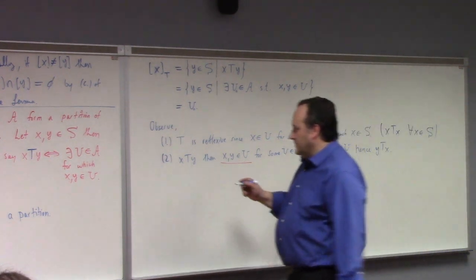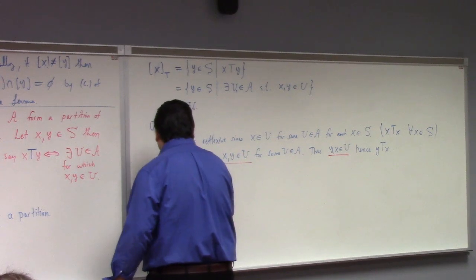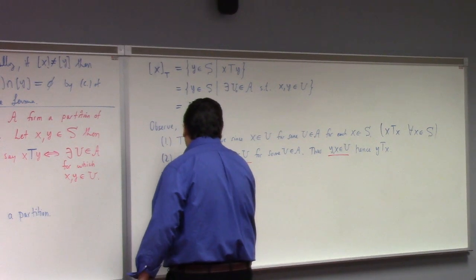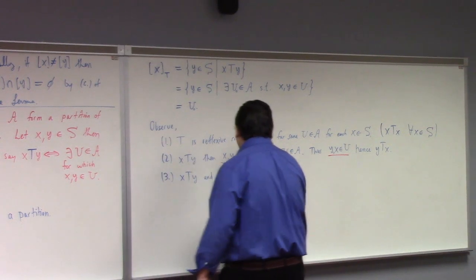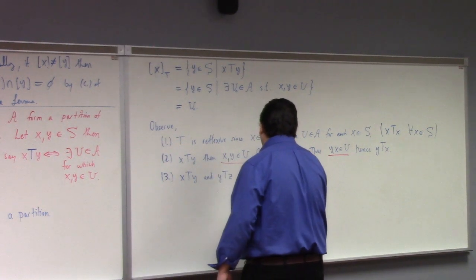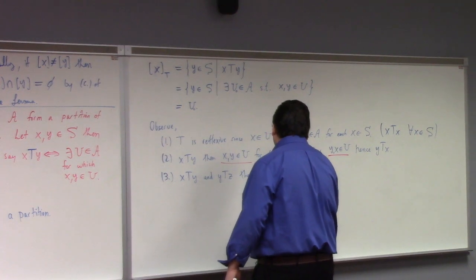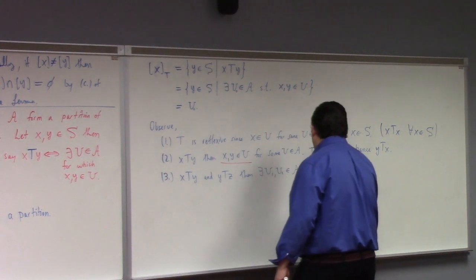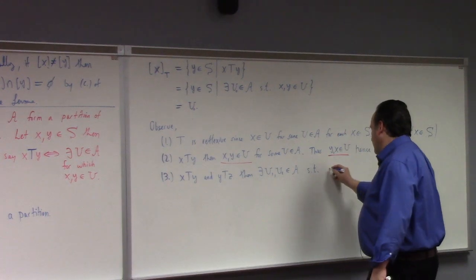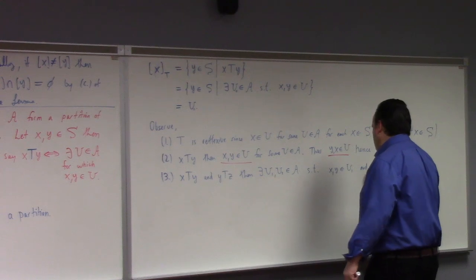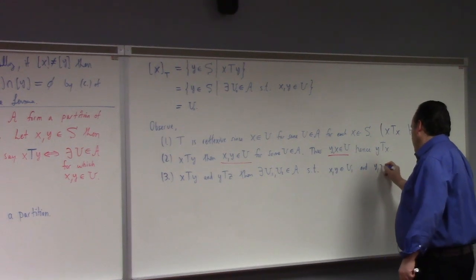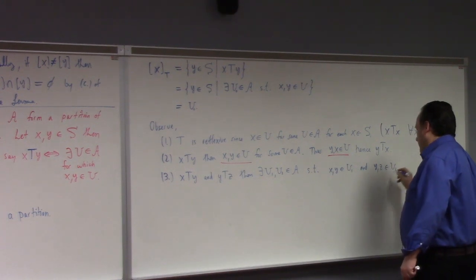And then transitive is a little bit more interesting. If we have x t relates to y and y t relates to z, then there exists, let's say, u1 and u2 in A such that x and y are elements of u1, and y and z are elements of u2, right?